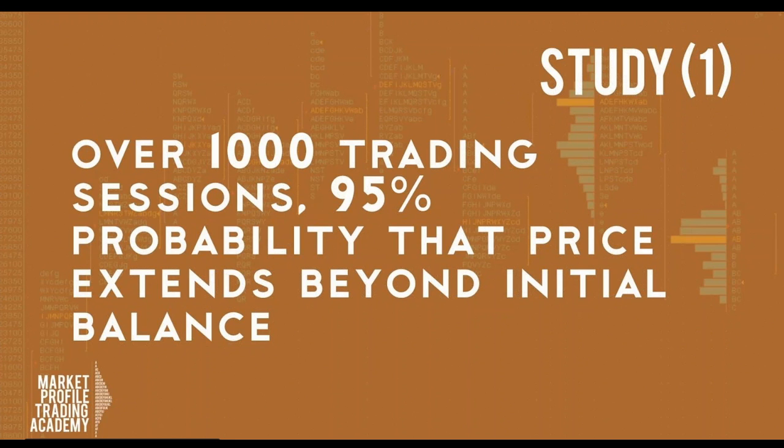Initial balance is an auction market theory term. What that essentially means is the first hour of trade. So if you are trading equities, I'm in Mountain time, but in Eastern Standard, from 9:30 a.m. to 10:30 a.m., that is the initial balance, the first hour of trade. If you take that range from high to low, there's a 95% probability that price extends beyond that initial balance.